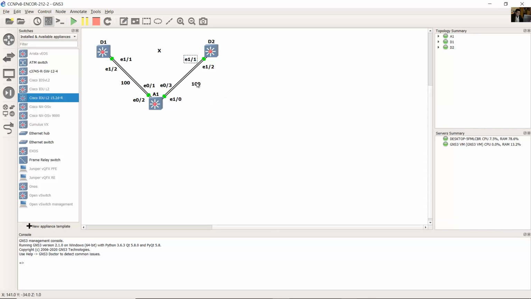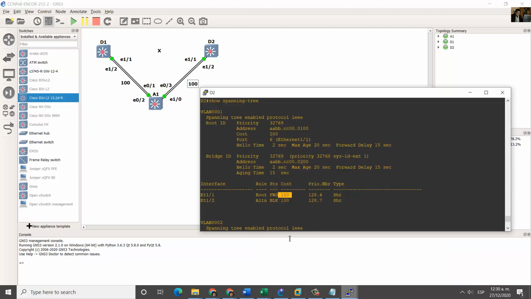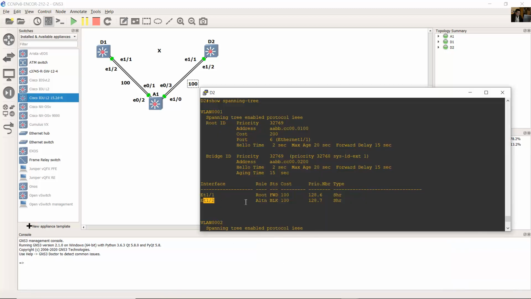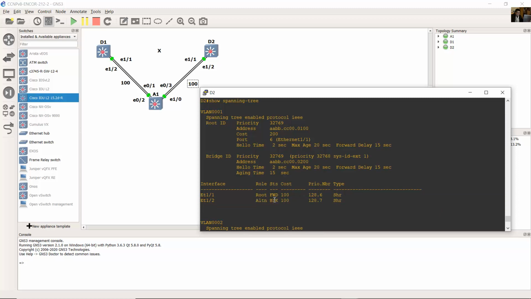Ethernet 1/2 is the alternate port in blocking state. The root port is in forwarding state, but the alternate port is in blocking state. But also the port cost is 100.